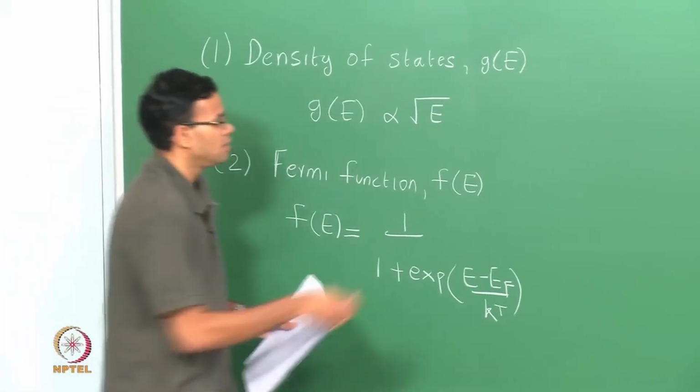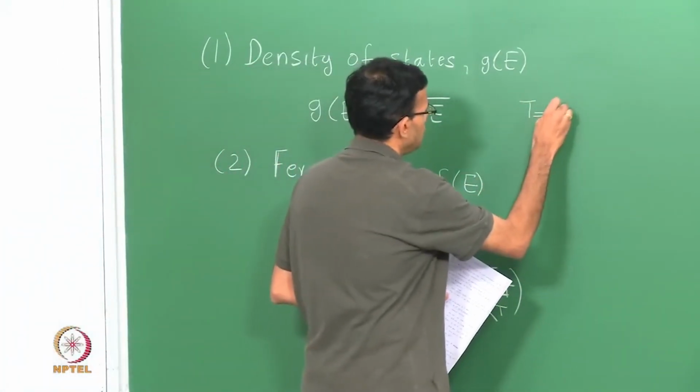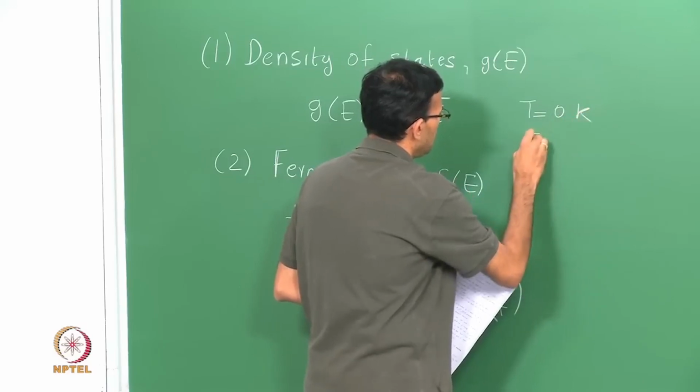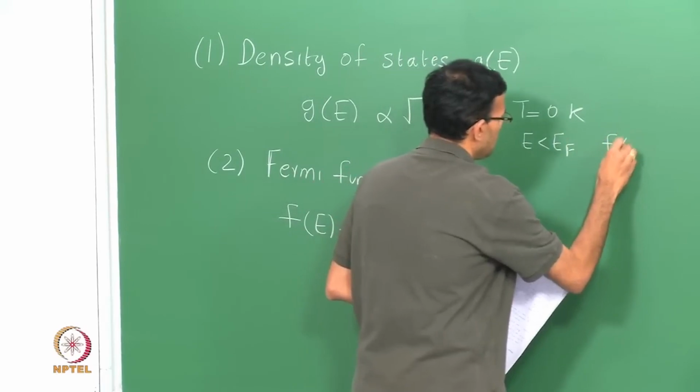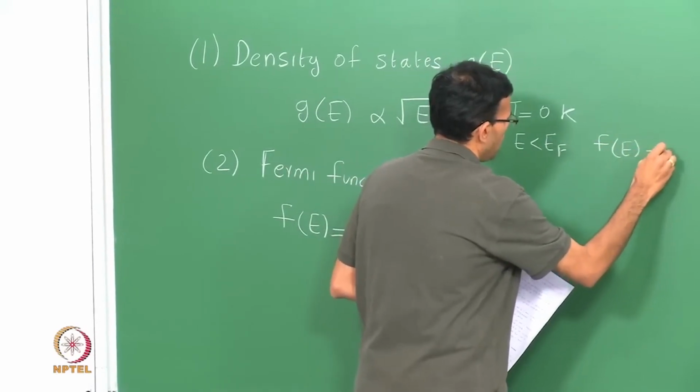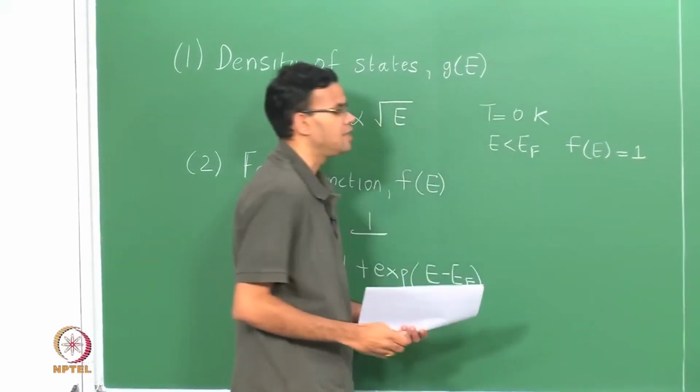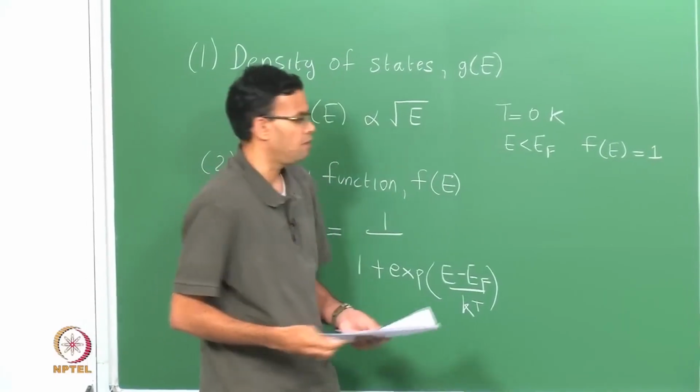We saw that at temperature equal to 0 Kelvin, if E is less than EF, f of E is 1, which means all the levels below the Fermi energy are occupied.